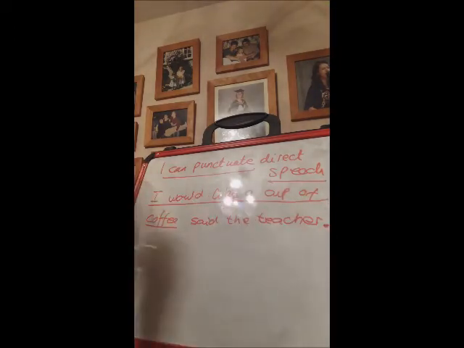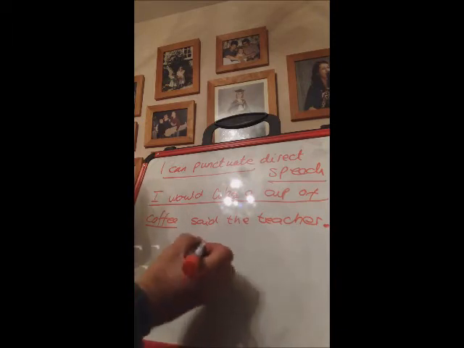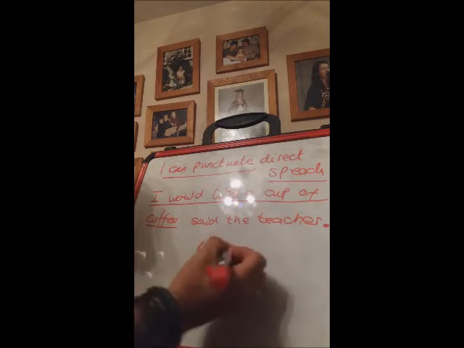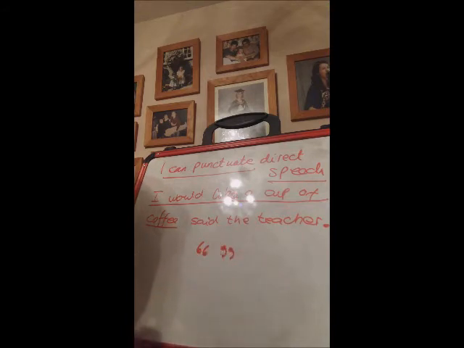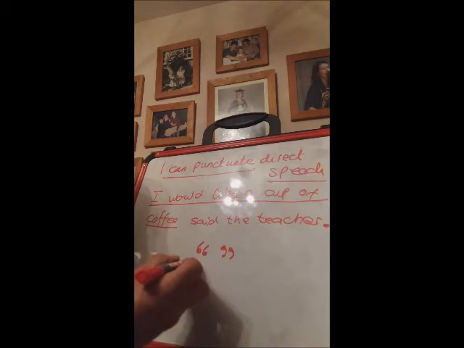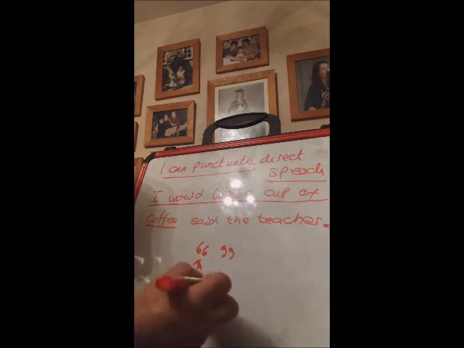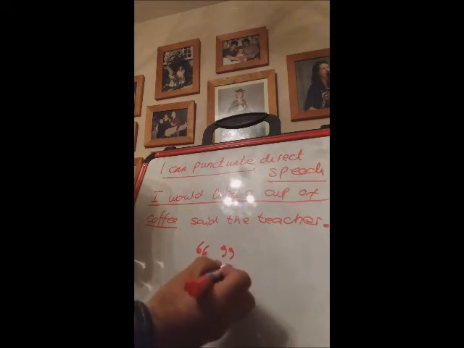So to punctuate direct speech correctly, what we need are speech marks. Speech marks look like a 66 and a 99, just like that. This one is open speech marks, open because that's the start of what is said.